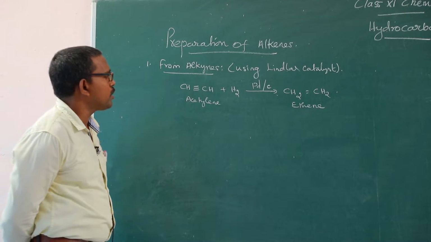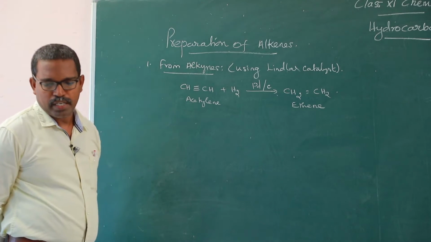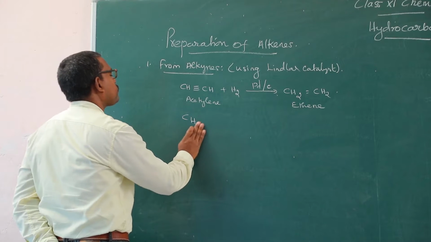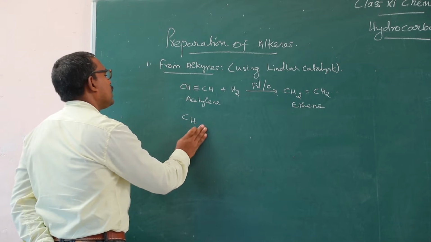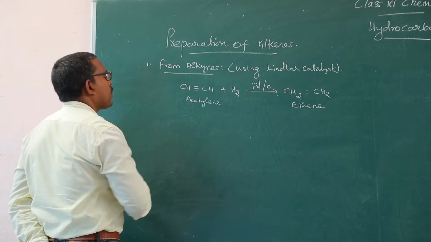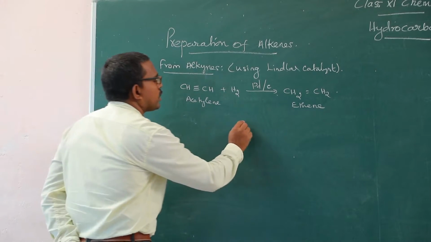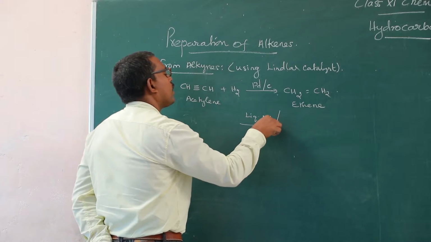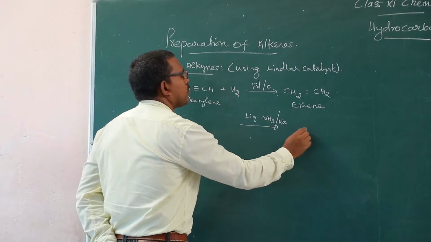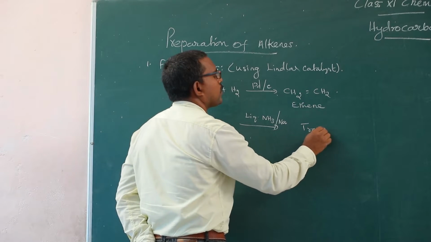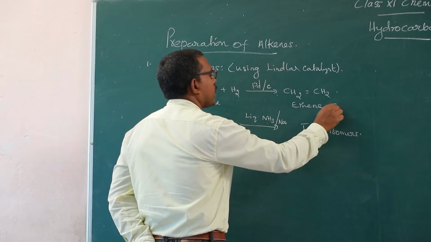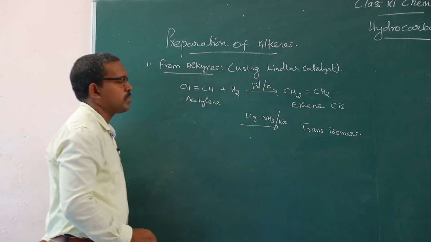With liquid ammonia in the presence of sodium, we are getting the trans isomer. Suppose we are using this alkyne, with liquid ammonia in the presence of sodium, we are getting the trans isomer. And here the cis isomer is formed.